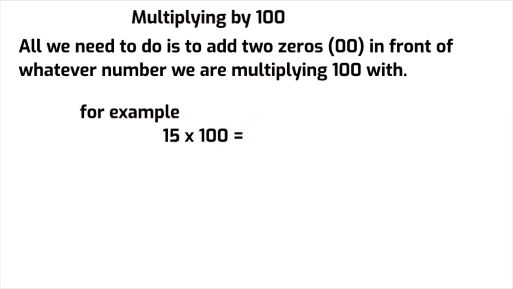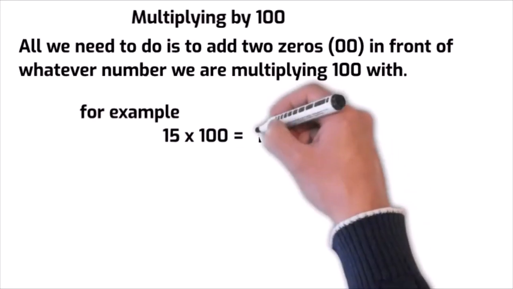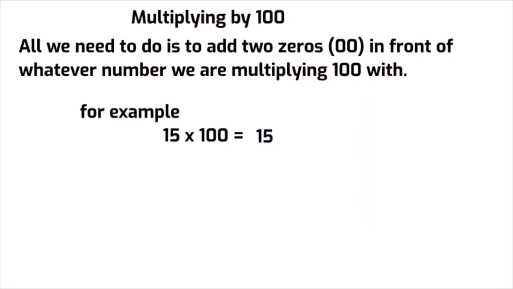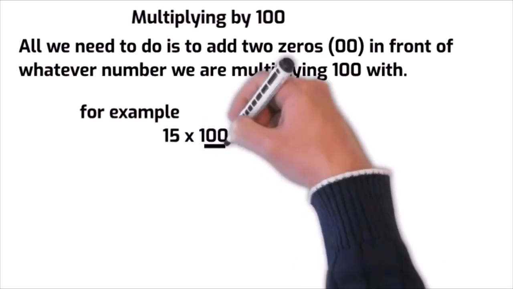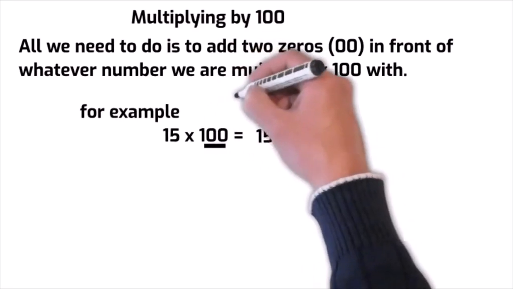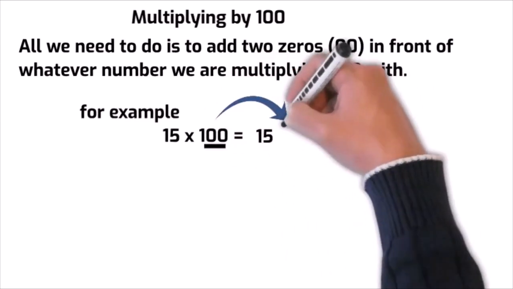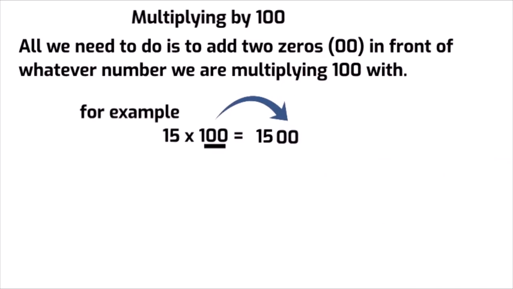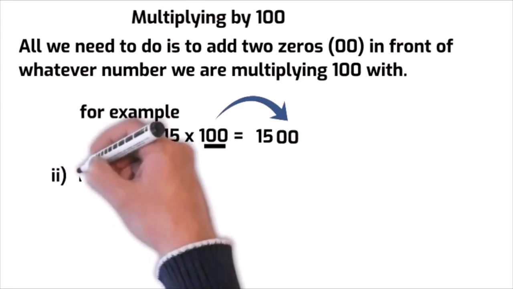First thing first, we write down 15. Then we add 2 zeros in front of it. 15 times 100 gives us 1,500.